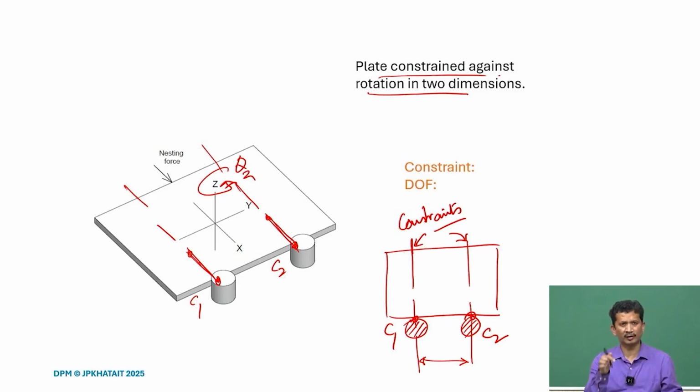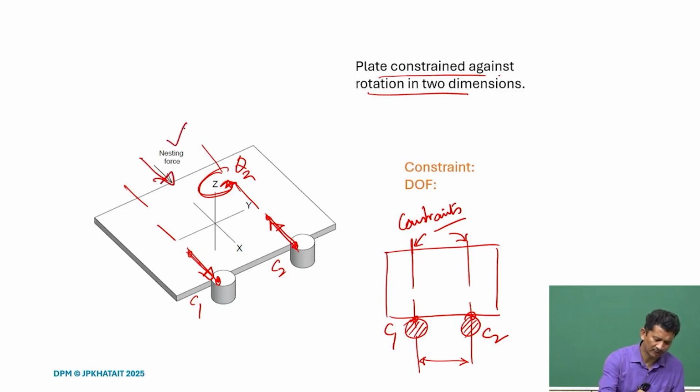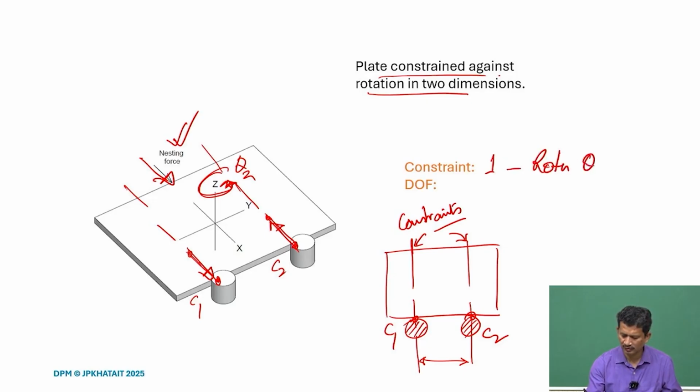Suppose I apply a rotation, like this rotational moment, it will try to press this and try to lose contact here. And if we make sure that the contacts are always there, with the nesting force we were talking about in the beginning, if there is enough nesting force that the contacts are always there, it means it should not rotate. So, the constraint here will be 1, and that is the rotational constraint, which is theta z.